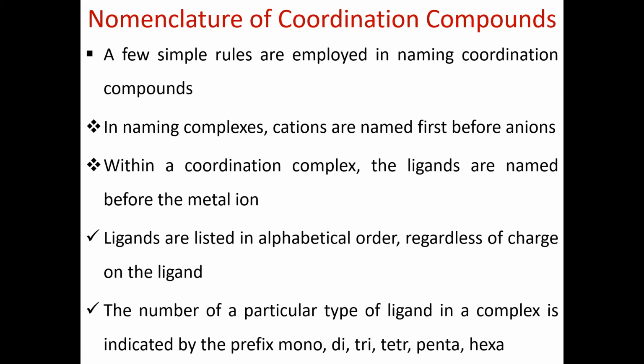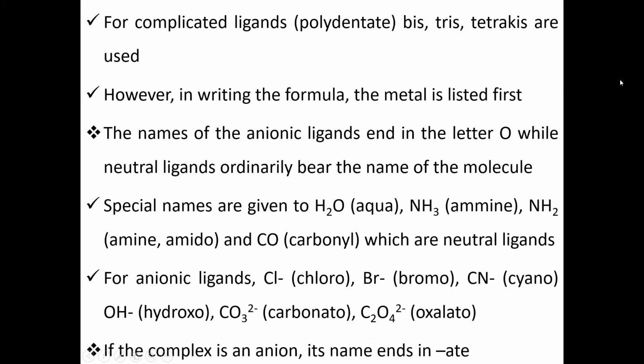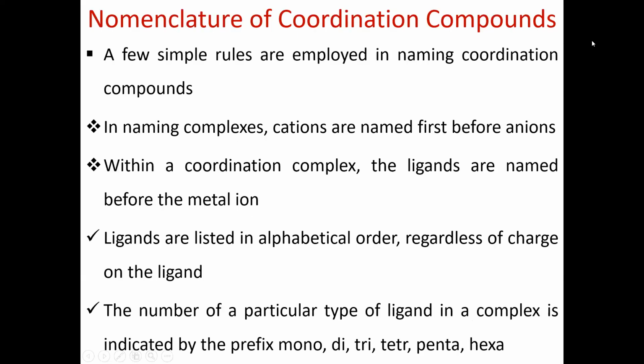So what are some of the rules employed in naming coordination compounds? The first one is that cations are named first before anions. And within the coordination complex, you first of all name the ligands before the metal ion.